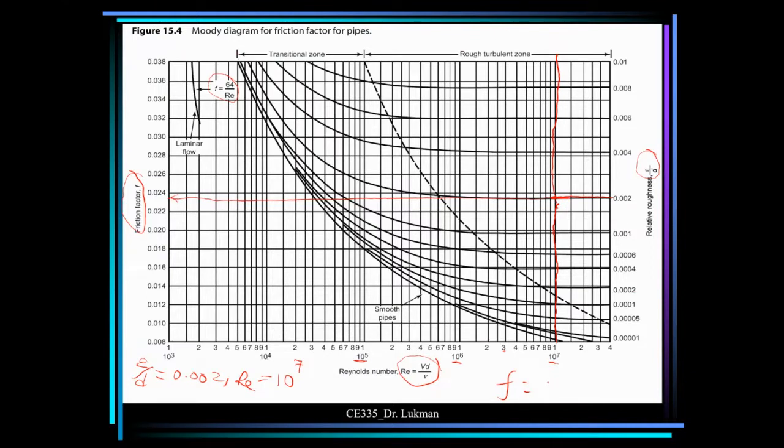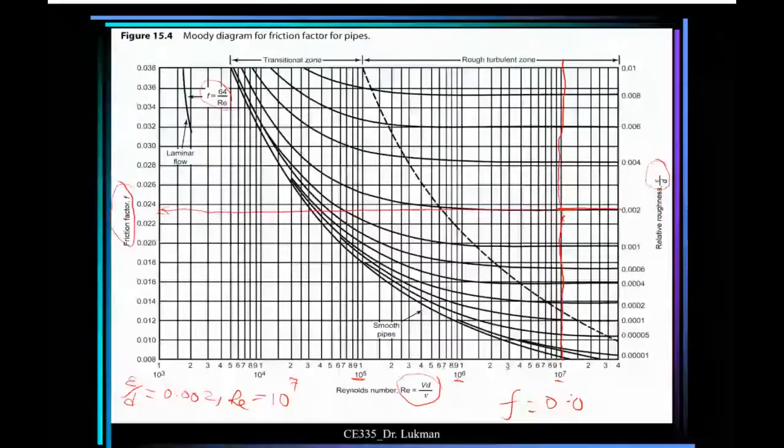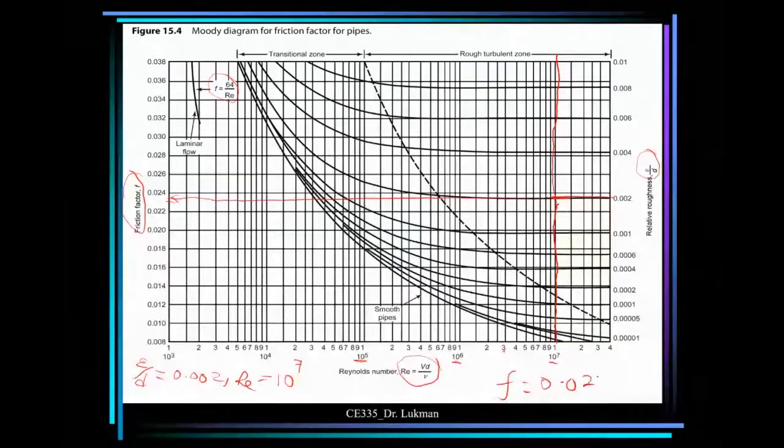In this case, the friction factor is between 0.022 and 0.024. So it's maybe 0.0235.